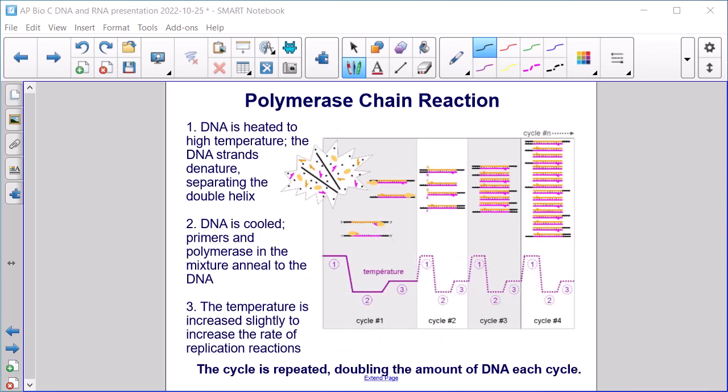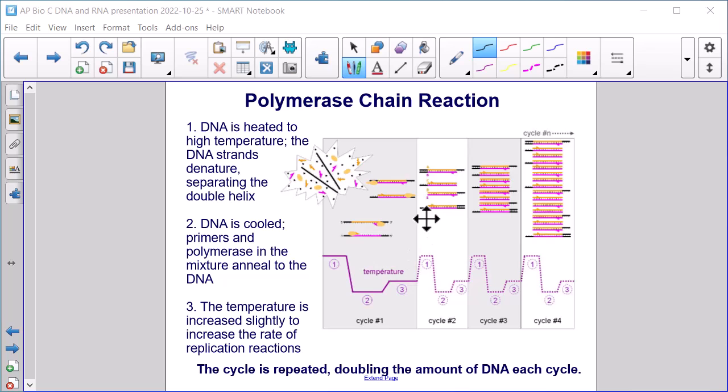In step 1, DNA is heated to high temperature. The DNA strands denature, separating the double helix. Then the DNA is cooled. Primers and polymerase in the mixture anneal to the DNA, which you can see here. The temperature is increased slightly to increase the rate of replication reaction.